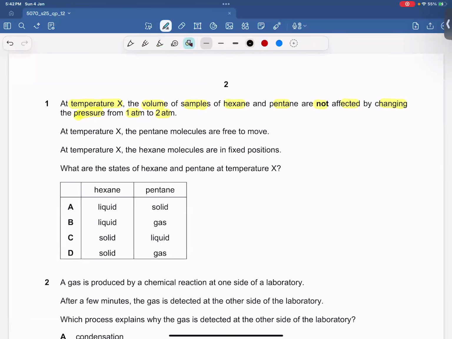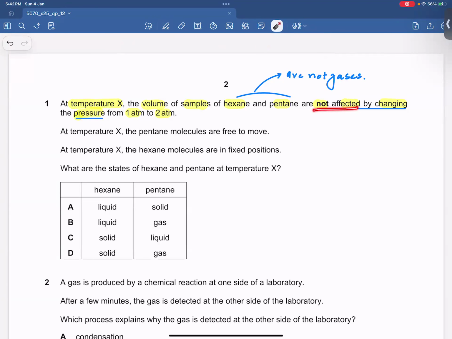From this statement only, we conclude that both pentane and hexane are not gases, because gases exert pressure and are easily compressible. So the examiner is saying not affected, which means hexane and pentane both are not gases.